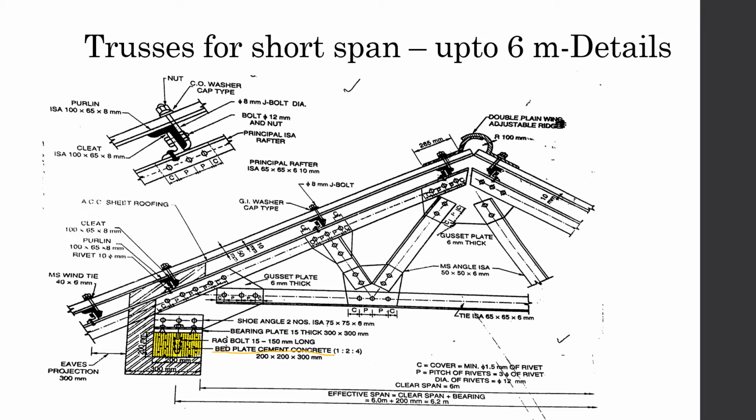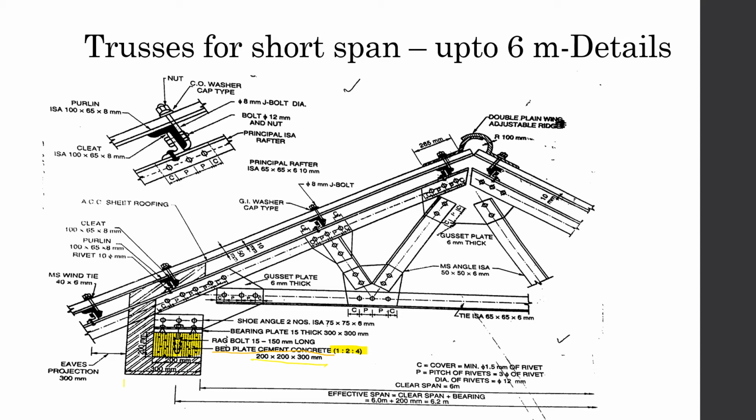Okay, now this is the ratio in which the cement, sand and aggregate are mixed for this bedding. So 1 part cement, 2 parts sand and 4 parts of aggregate. Okay. And the size which has been given here is 200 mm by 200 mm by 300 mm.